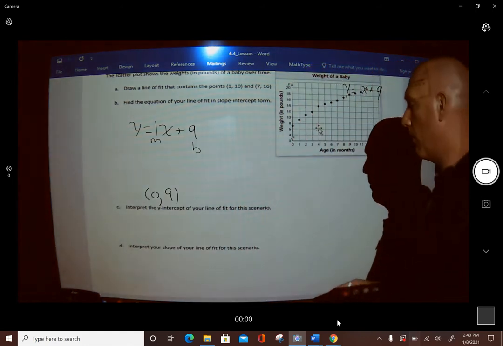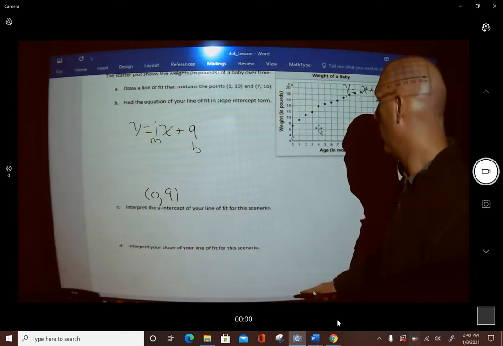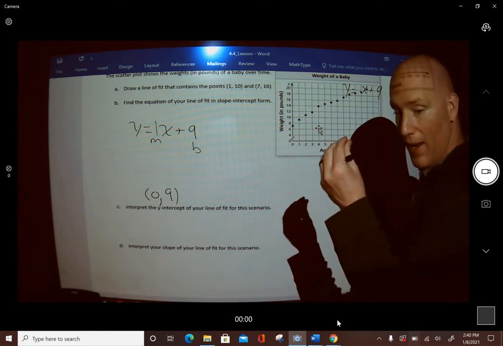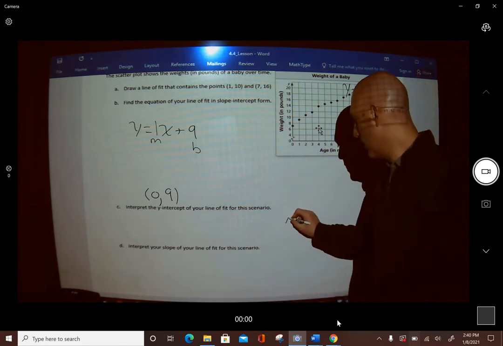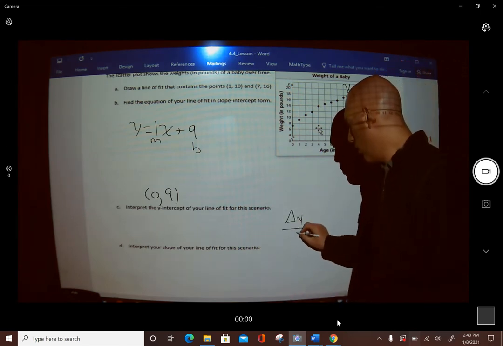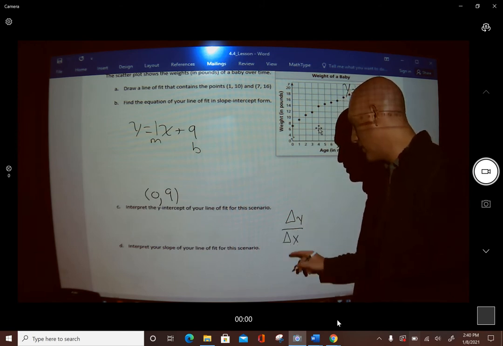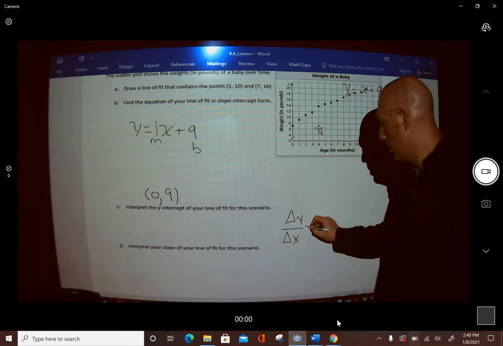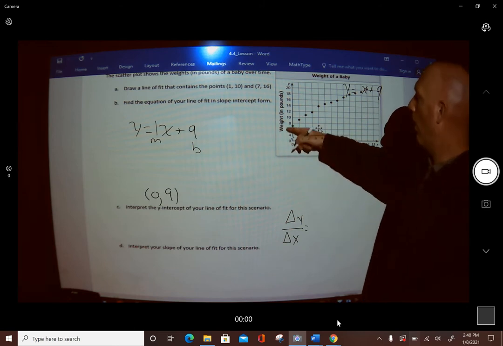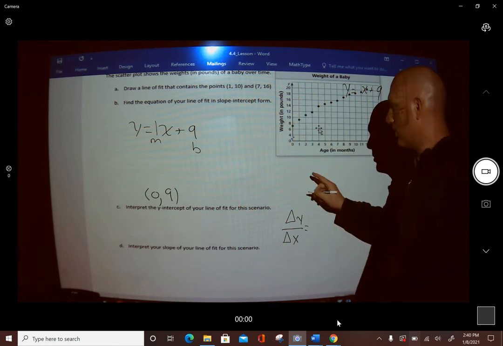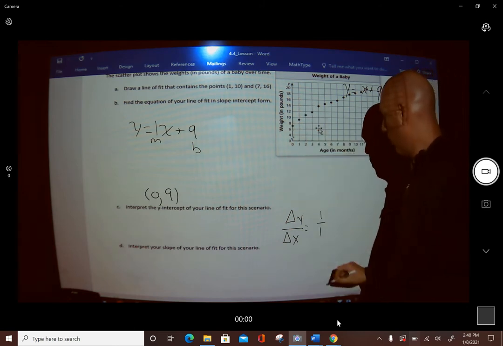Now, interpret the slope of your line. Well, remember, slope, going back to the very beginning, was change in y over change in x. Remember, triangles mean change. Well, change in y. Y was weight. Our slope was 1 over 1.